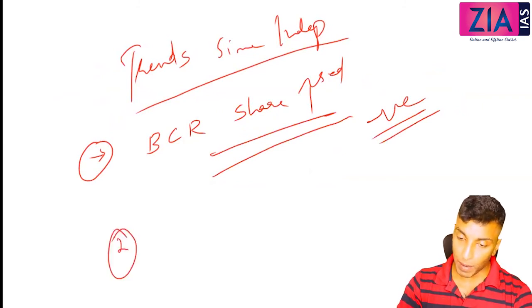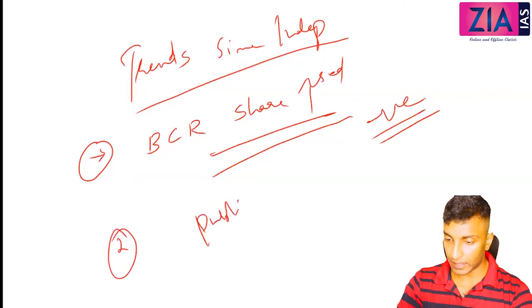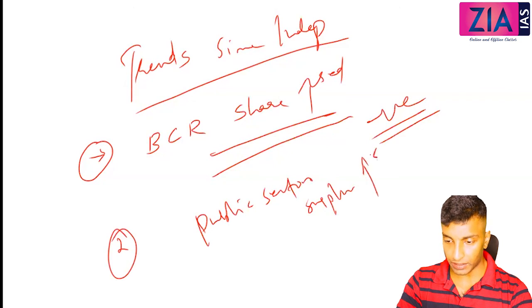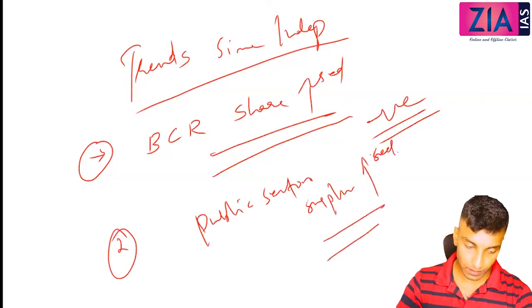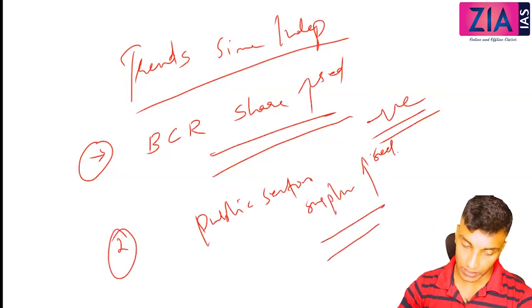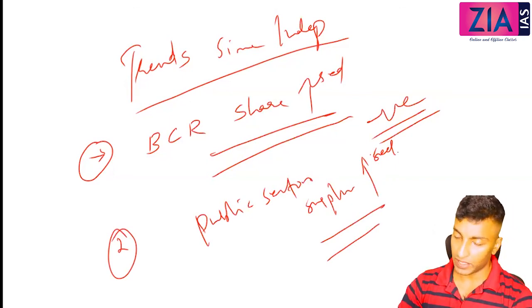Second point, public sector surplus increased significantly. Now around over 2 lakh crore is there. So the budget is around 21 to 25 lakh crore.